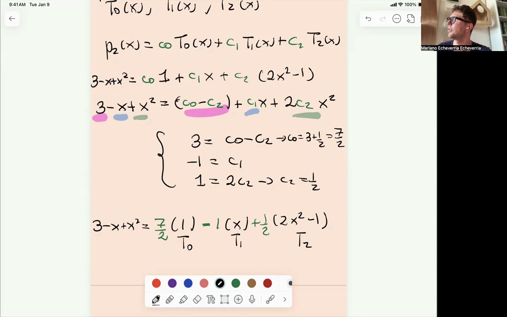Okay, so the next thing that I'm going to tell you for today is to start talking a little bit about how this stuff that we have been discussing is related to approximating, to estimating derivatives.